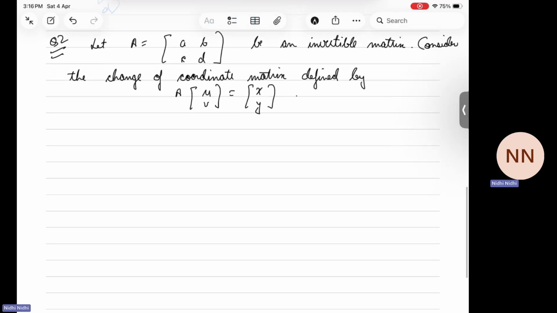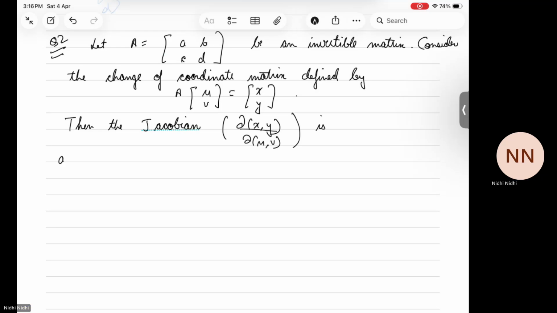Then the Jacobian, written out as del xy by del uv, is A, or A inverse, or A transpose, or minus A.